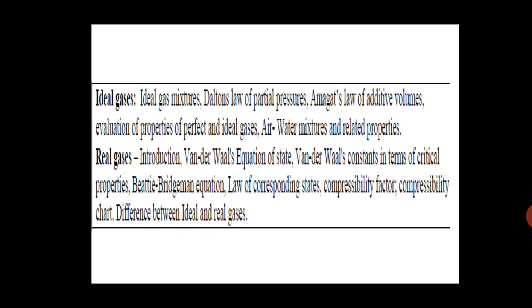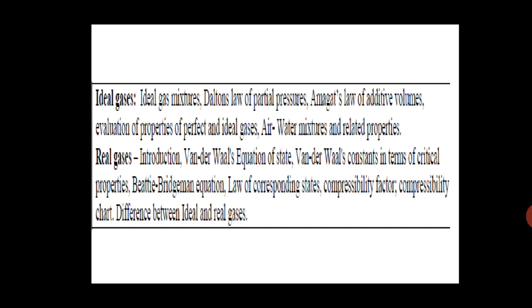Then we will come to real gases. We will deal with the introduction, meaning what real gases are and how they differ from ideal gases. We will go to the van der Waals equation of state, then see the van der Waals constants in terms of critical properties, where a small derivation is there.